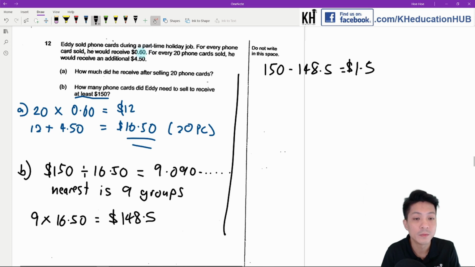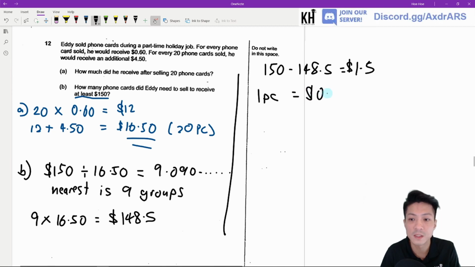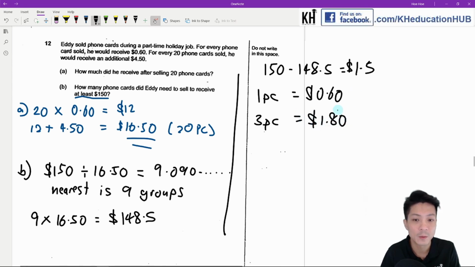If you remember, one phone card is 60 cents, right? So he will need to sell at least 3 phone cards, which would be $1.80. So he will need to sell at least 3 more phone cards to receive at least $150.